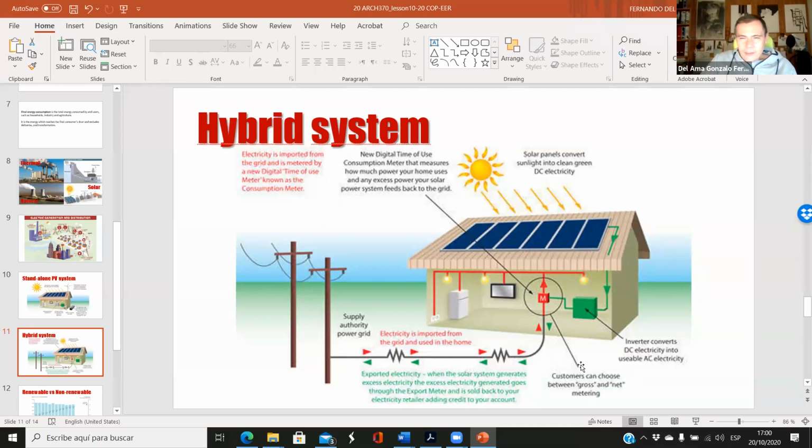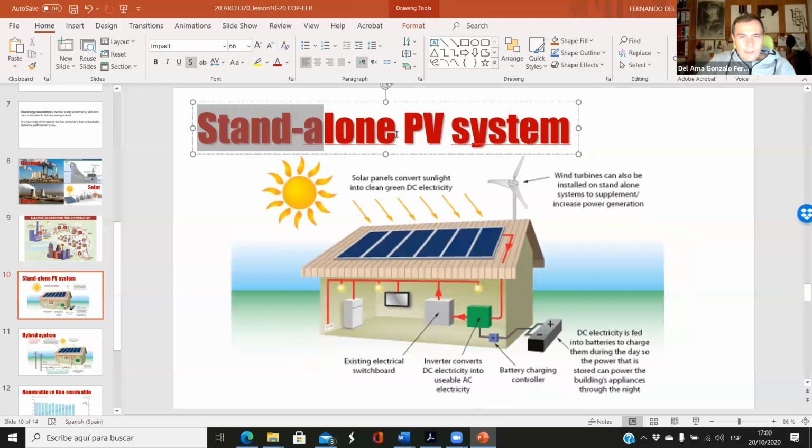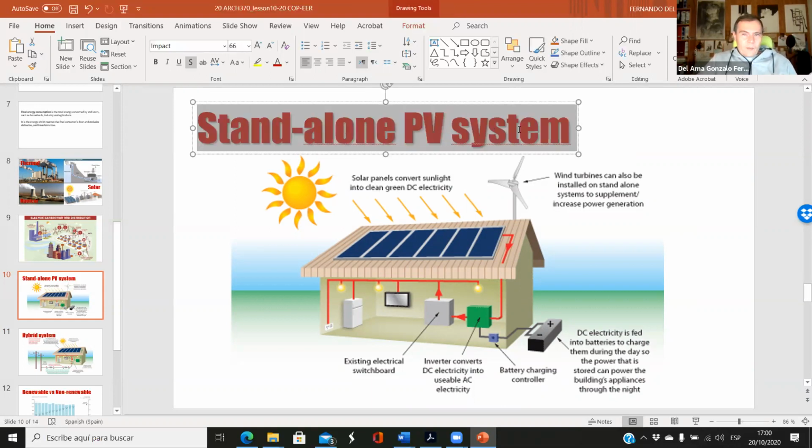But now it depends on rules and regulations. So it depends on the country, it depends on the state. If we are just talking about the United States, I don't know, where are we? I think we are here. Nothing prevents us from designing a standalone PV system. If we are living in the middle of nowhere, in the middle of the forest, and we don't want to talk to anyone, and we don't want to deal with an electric company, that's an option.